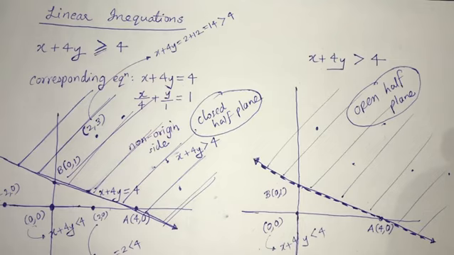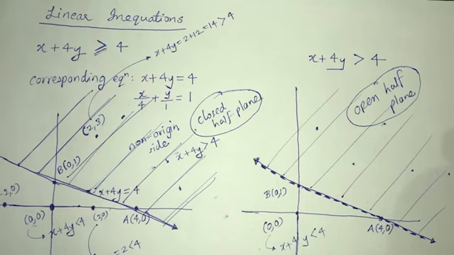One is a closed half plane because it also includes the points on the straight line, and the other does not include the straight line. x plus 4y equal to 4 is not to be included, and therefore we have made the straight line dotted, and this type of solution is called an open half plane. But a linear inequality will always give you points forming a half plane. A linear equation will give you a straight line. A linear inequality will give you a half plane.